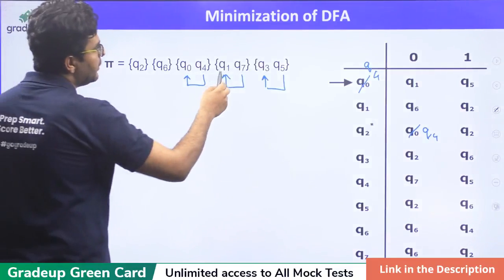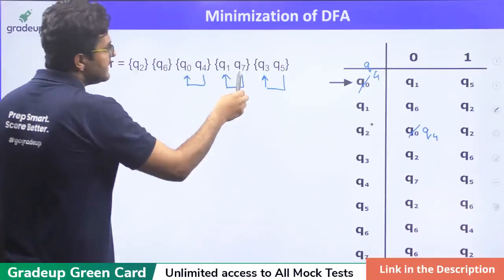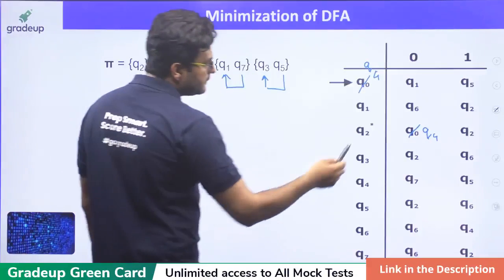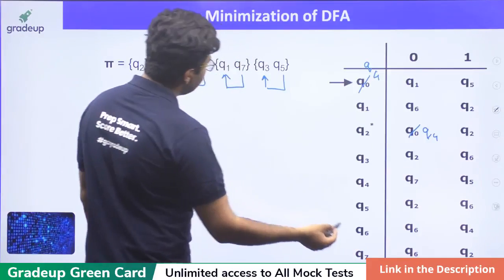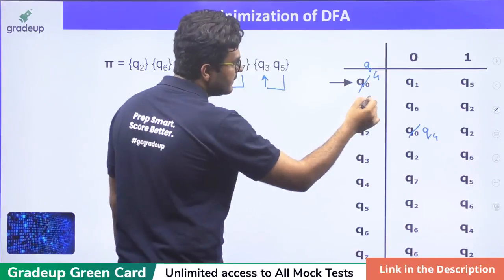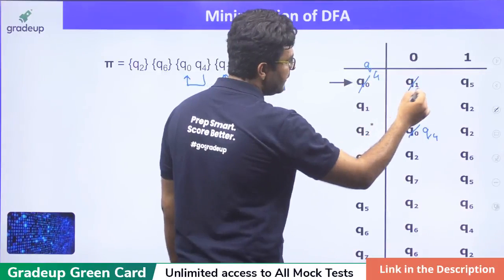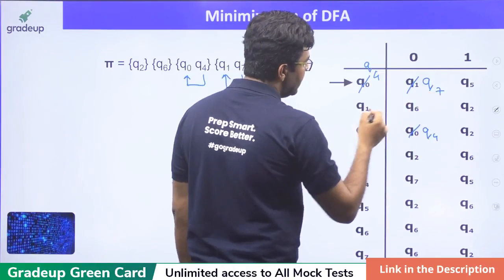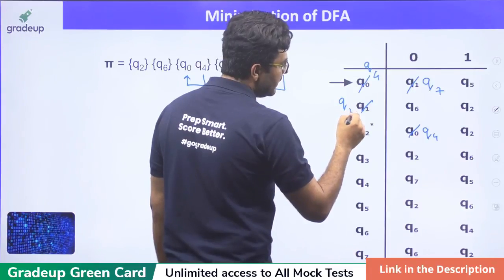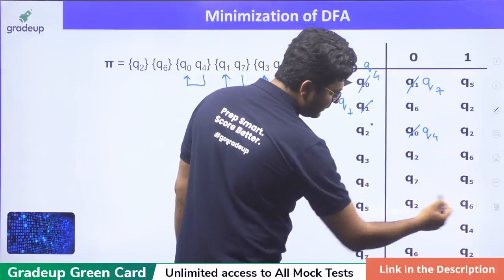So I'm going to check for Q1 and Q7. Sorry, I'll be replacing Q7 with Q1. You can replace Q7 with Q1, or you can replace the other way. If you want to replace Q1 with 7, then this will become Q7, and that will become Q7 again. Is there any other place where we can find Q1?